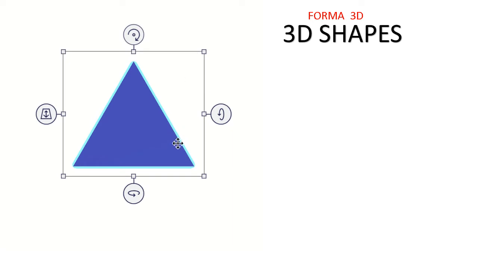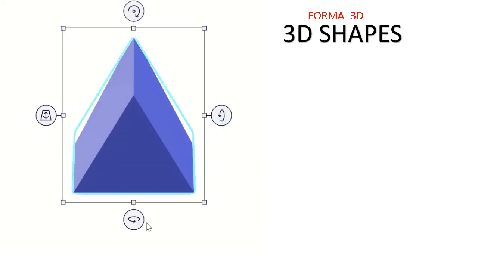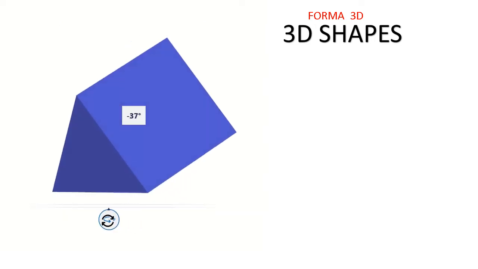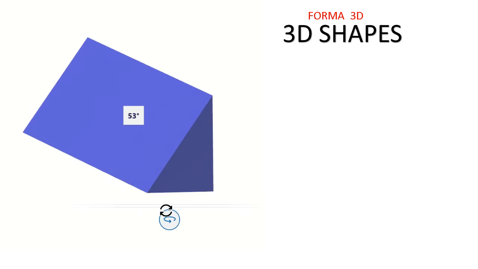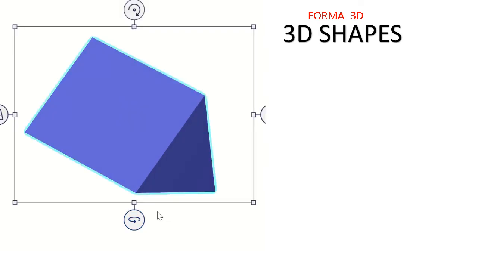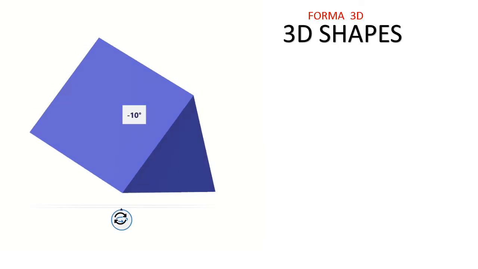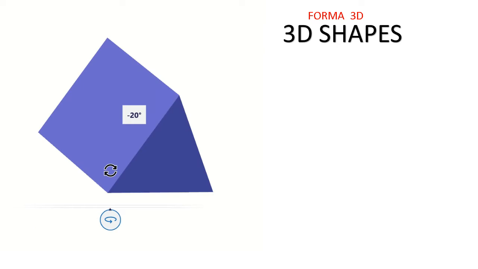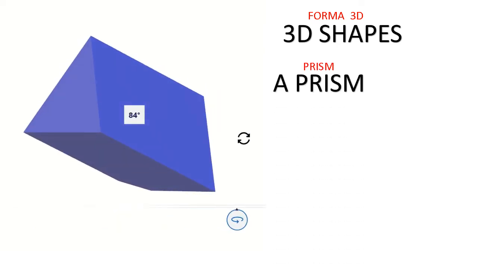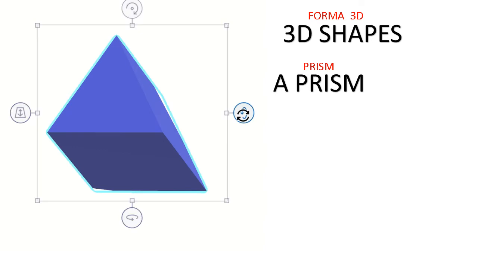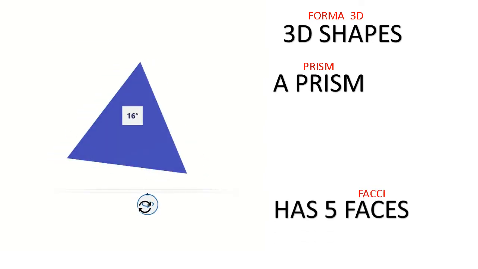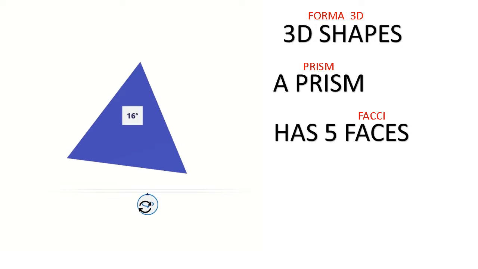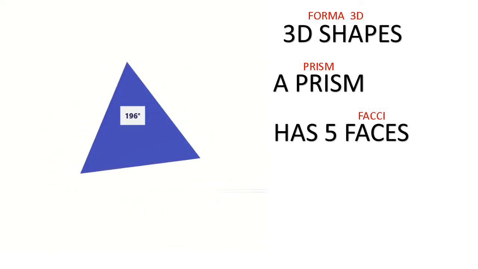This 3D shape looks like a triangle here, but if I turn it, you can see that it's not. This looks a little bit like a tent or the roof of a house. The name of this shape is a triangular prism. It has two triangular faces, one here and another one here.